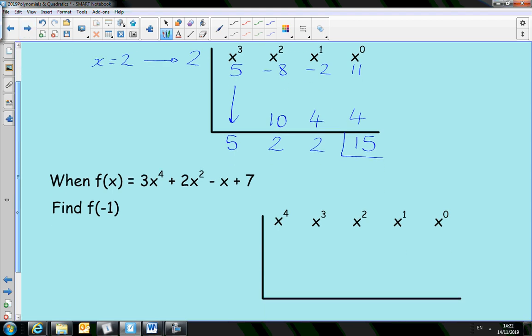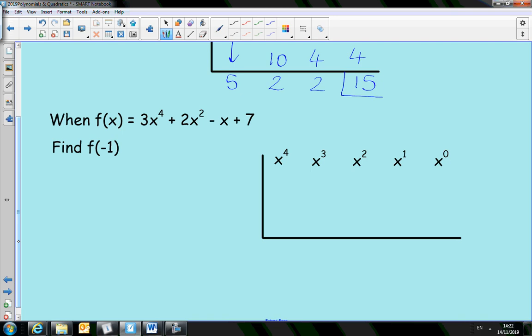The second example you were given, you have to evaluate when x is equal to -1. So that's your value that you're putting in there, -1. So your coefficient of x to the power of 4 is 3. We don't have any x cubes, so you put in 0. The coefficient of x squared is 2. Coefficient of x is -1. And your constant is 7. So you're bringing your 3 down because it's just 3 plus 0 is 3.